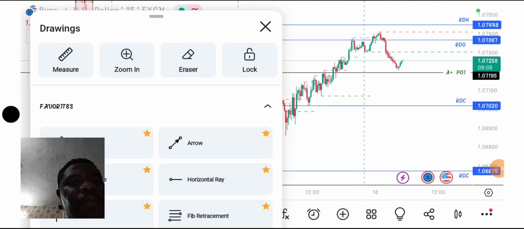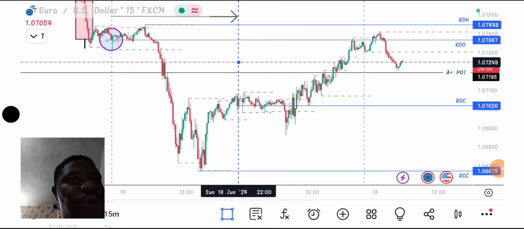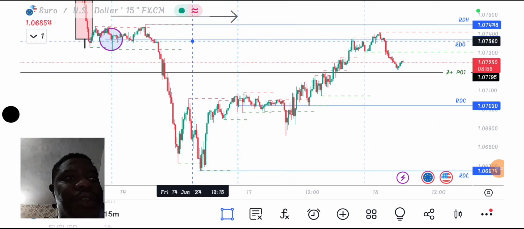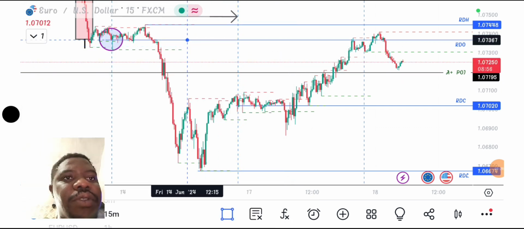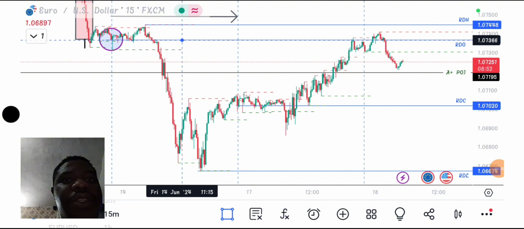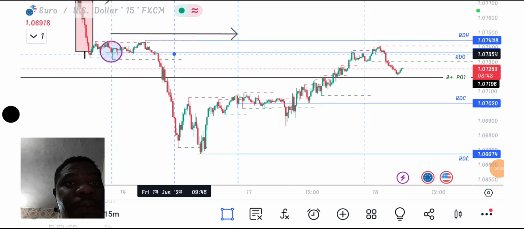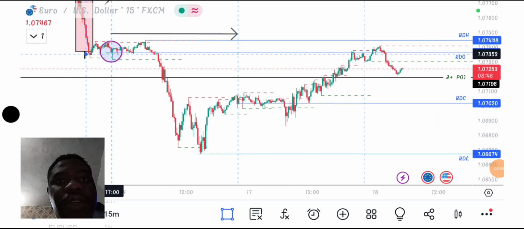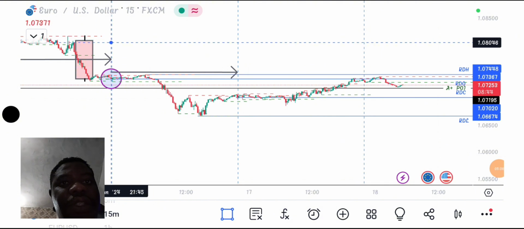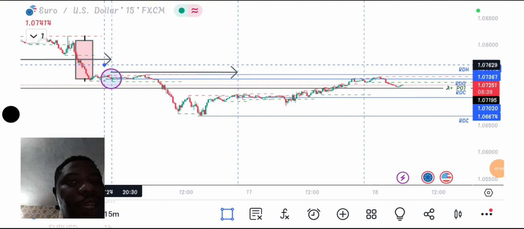So what we want to do next is we take our rectangle tool and we start from our recent daily open, because that was actually Thursday close, which is Friday's open. So like you can see Thursday close here. Let me shrink the screen a little bit. This was a candlestick that formed on our daily time frame on Thursday.